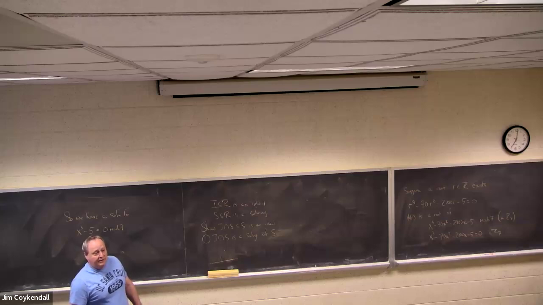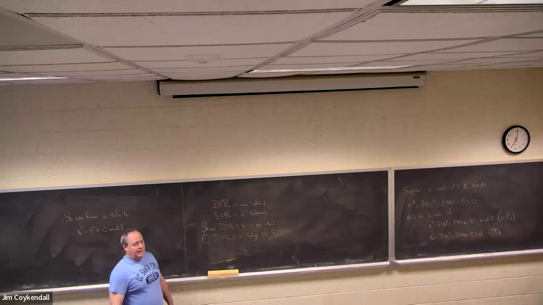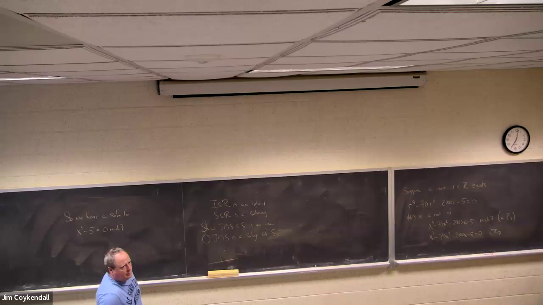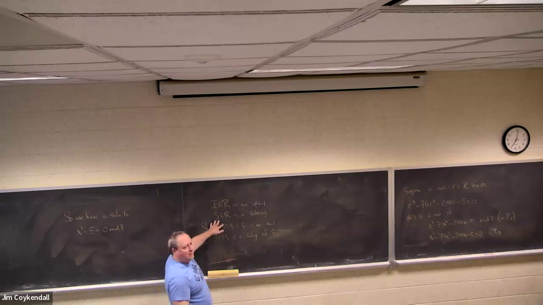Is that okay? Yes. I just have a question before you continue. Since we're trying to show that it's the intersection of these two, would the right approach here be to show that if I is an ideal and S is an ideal, then their intersection is an ideal? No, because S may not be an ideal at all. I is an ideal in R, S is just an ordinary subring.